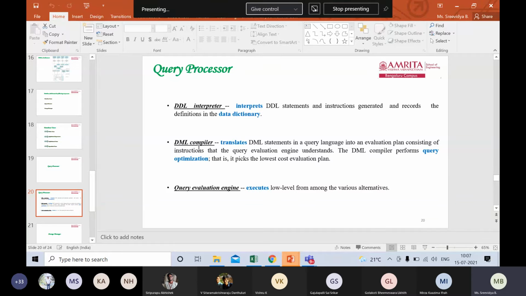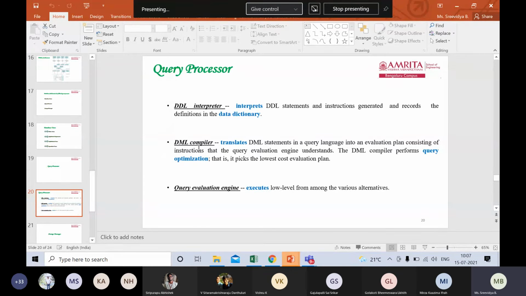Then the DML compiler will translate the queries associated with the values in a table. In the DML compiler, the instructions are taken and subjected to what is known as optimization. Optimization is picking the best query for execution. And why do we do that?